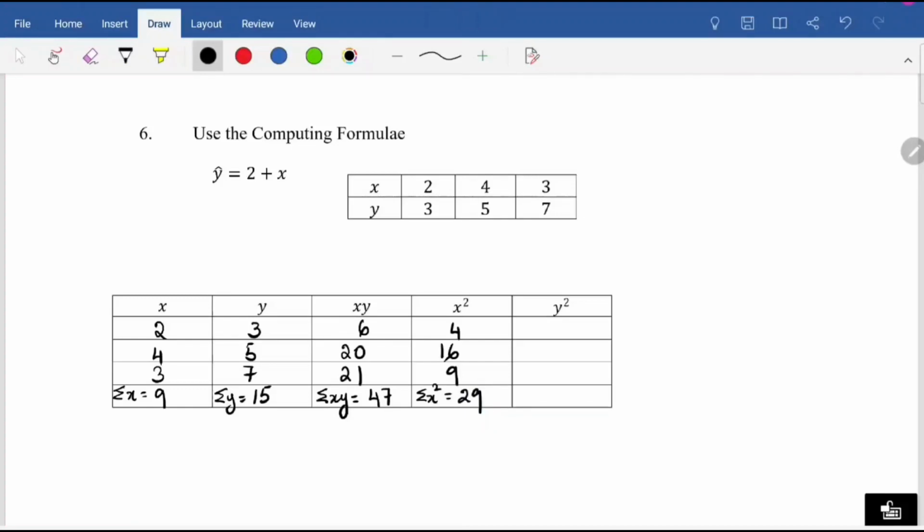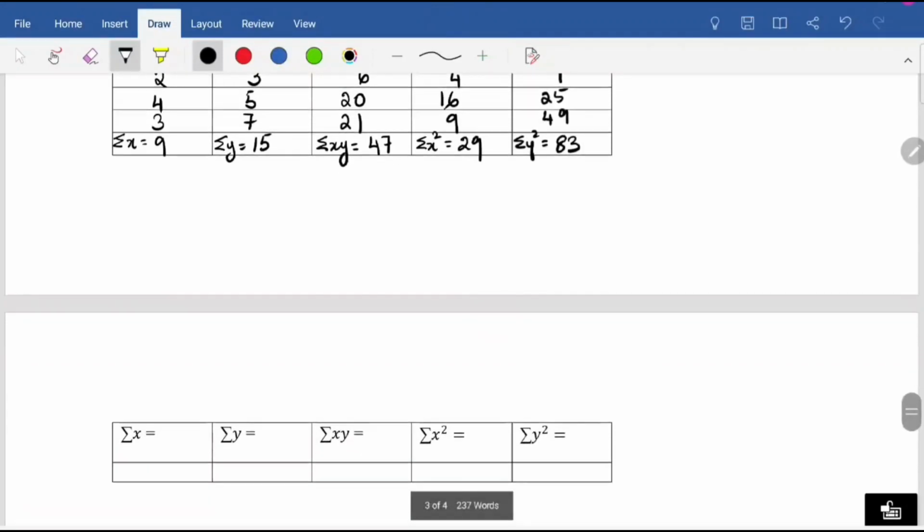And in the last column, we have to square our y values and sum them up. So the y values would be 3 squared, 9, 5 squared, 25, 7 squared, 49, and we come up with a sigma y squared value of 83.